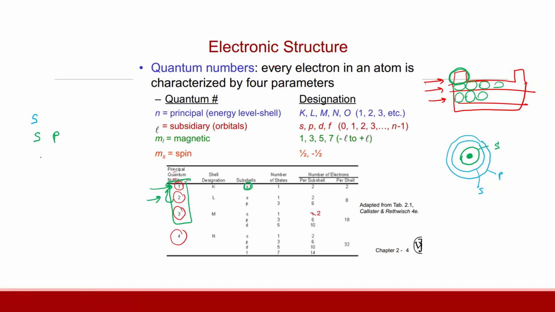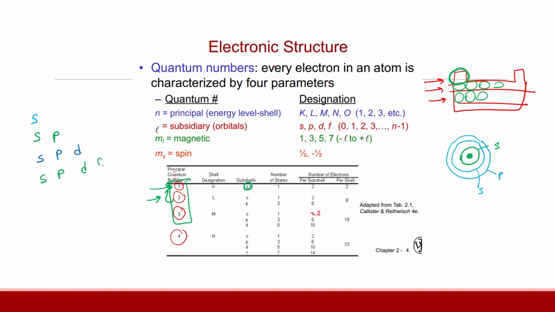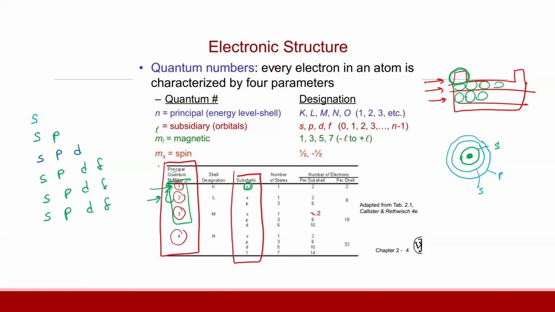Third shell can have S subshell, P subshell, and D subshell, SPD. The next one can have SPDF. Next one also has SPDF. Rest of all these ones have SPDF. Makes sense? Are you guys okay with this? I want you to understand these subshells and the shells. Are we good?